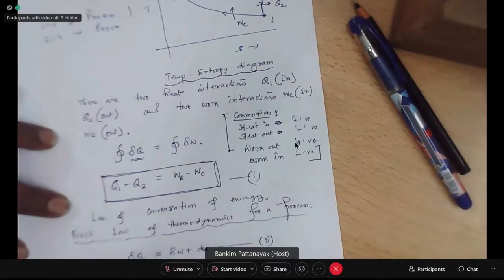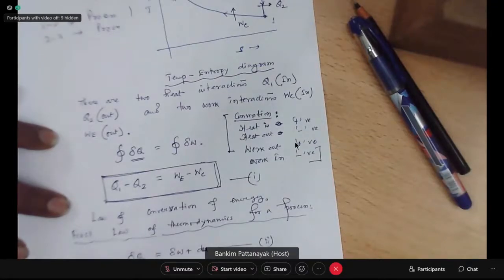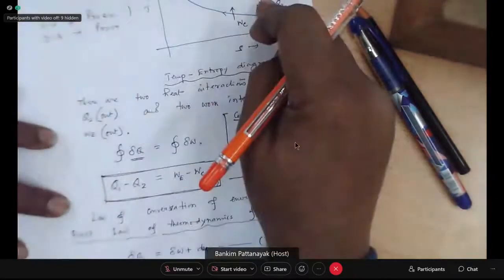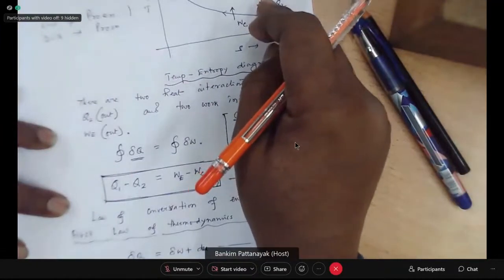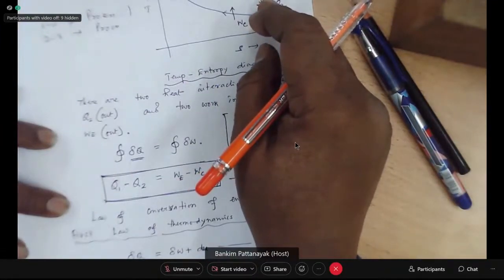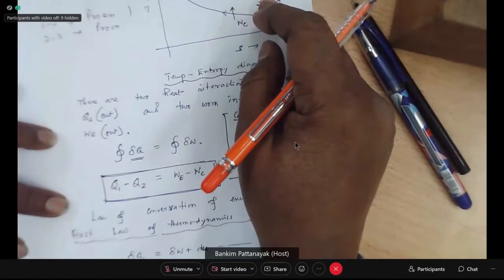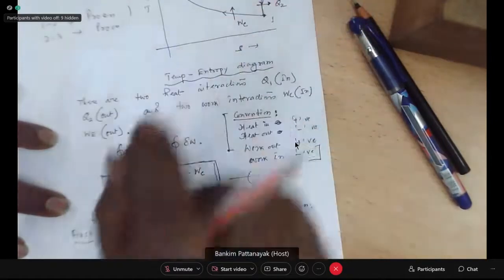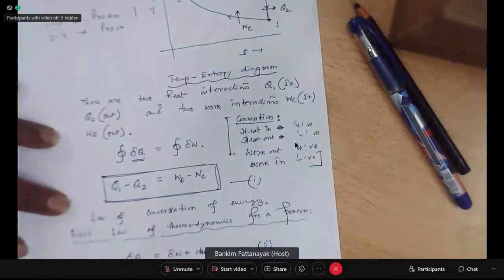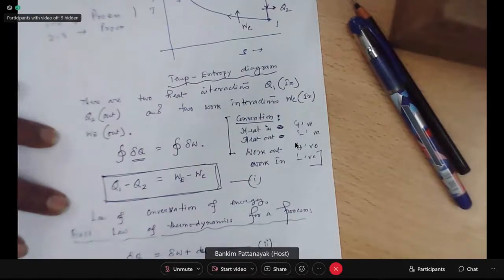That means when you apply heat to the process, it can translate into two physical phenomena. Either it will do some work or it will enhance its internal energy. U is the internal energy.